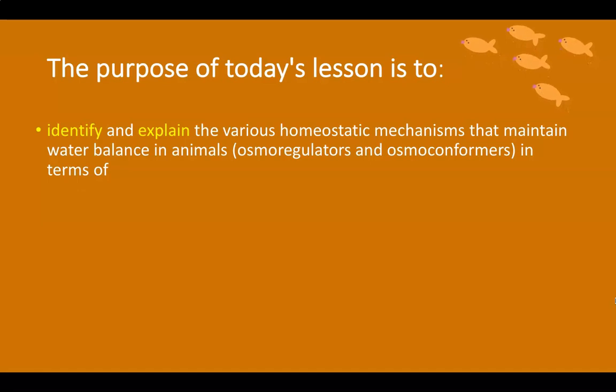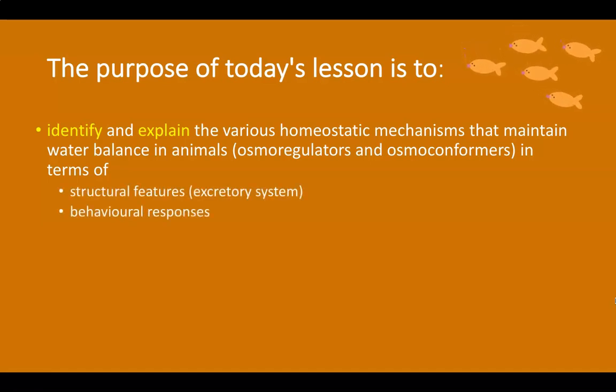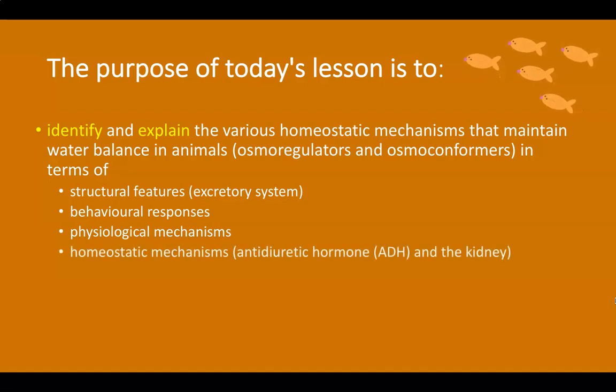In terms of, similar to last week, structural features, we'll talk about behavioral responses, that is choices that organisms make to maintain, in this case, their water levels. We'll look at physiological mechanisms, so things that happen inside the organism, but this time they're not by choice. It's because of physiology. We'll look at homeostatic mechanisms, so this refers to the hormonal responses and that.